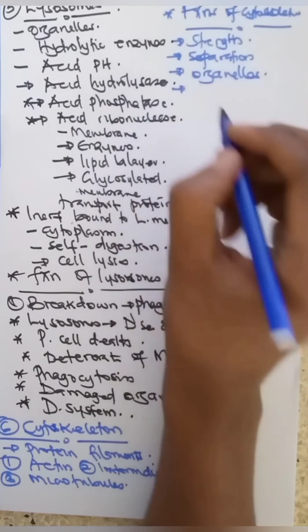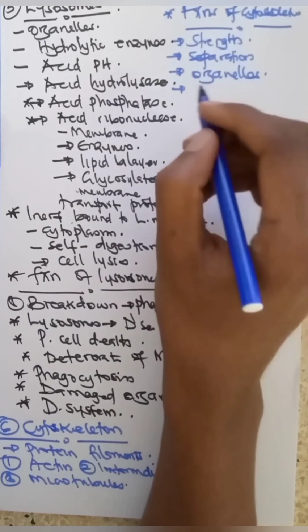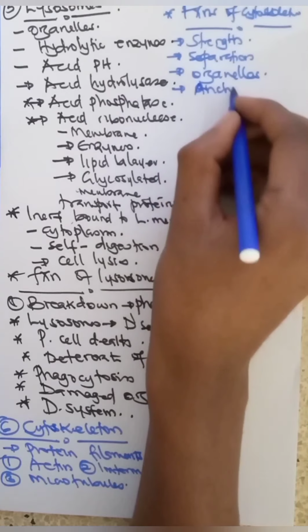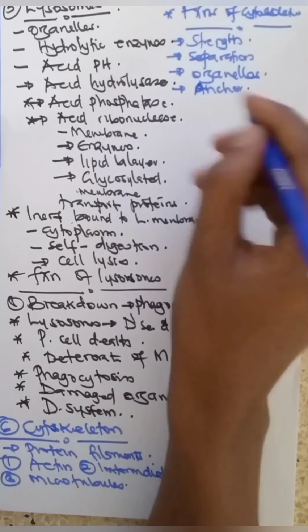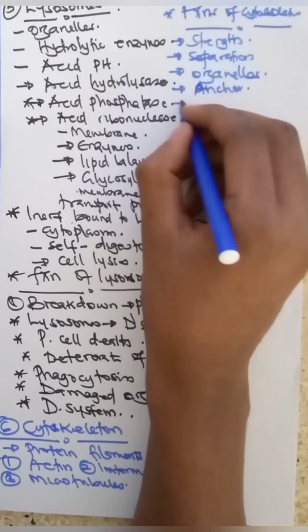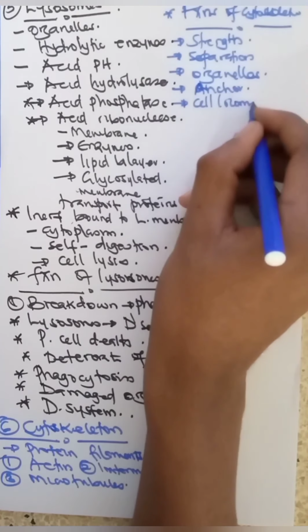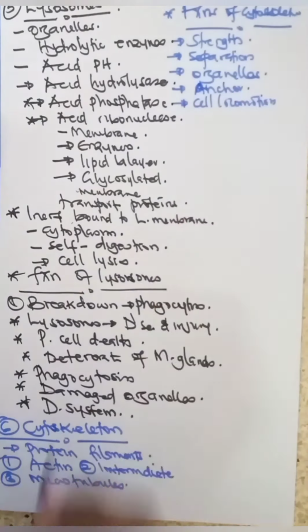The cytoskeleton also anchors organelles in place, and it is involved in cell locomotion. Those are some of the functions of the cytoskeleton.